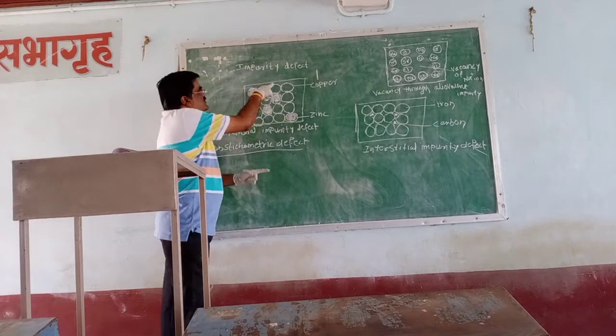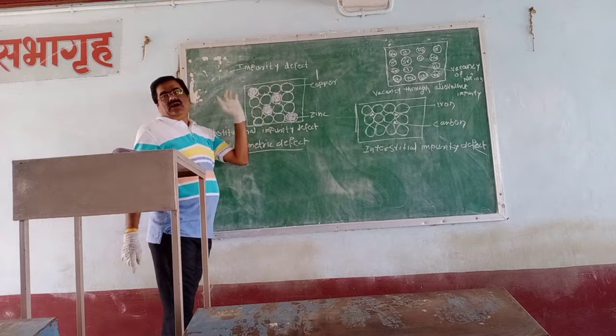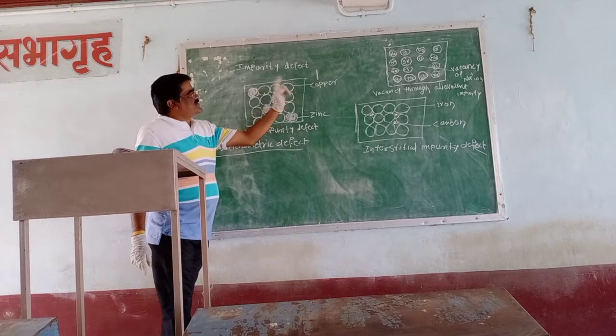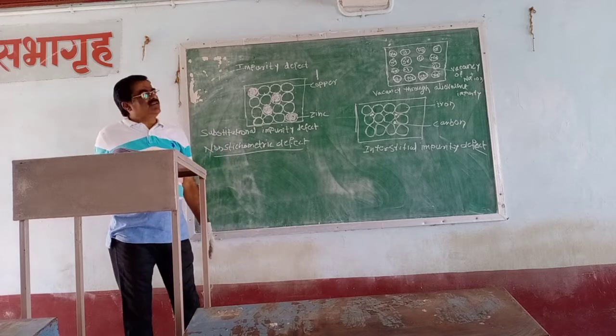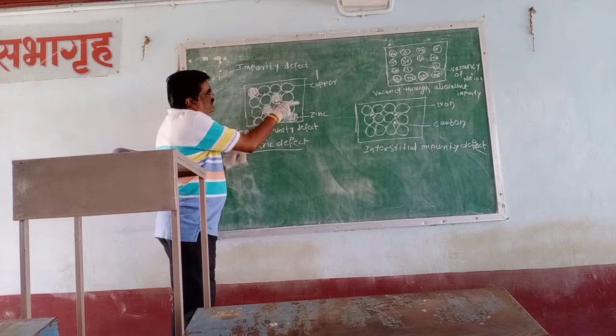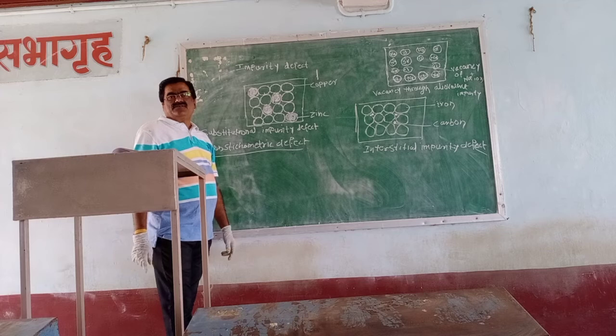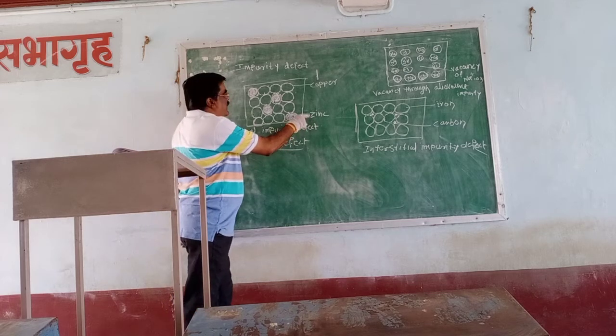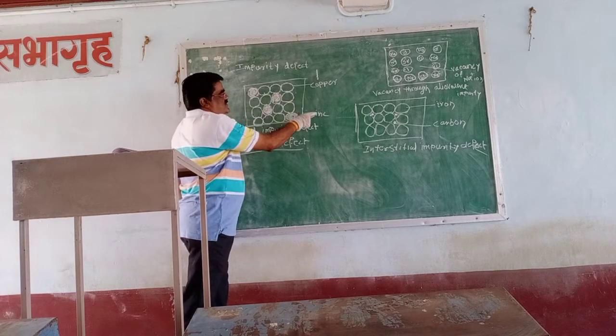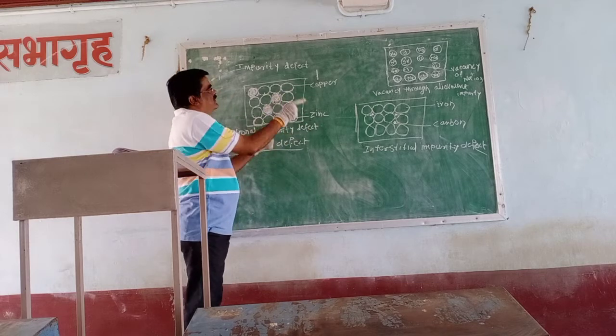In this case, we are taking the example of an alloy, that is brass. Brass is an alloy of copper and zinc. Here, in the arrangement of the constituent particles of the host atoms, the zinc replaces the copper atom.